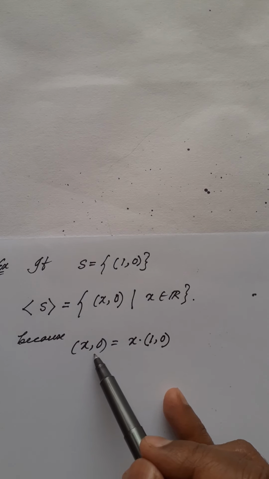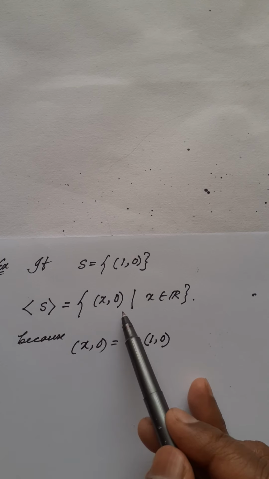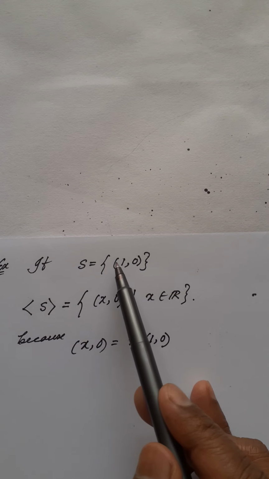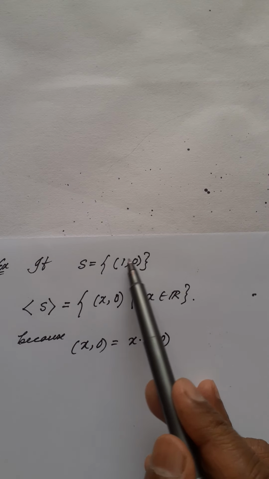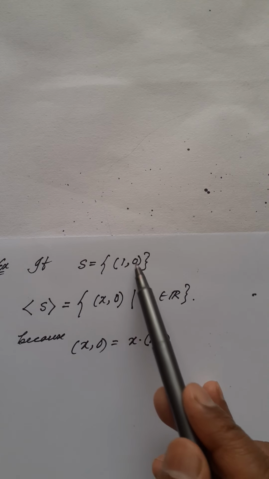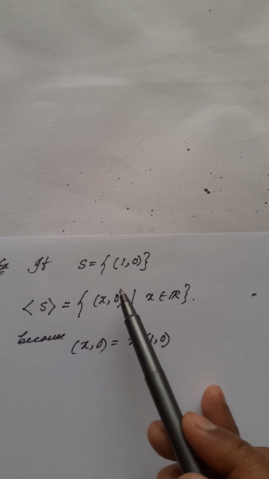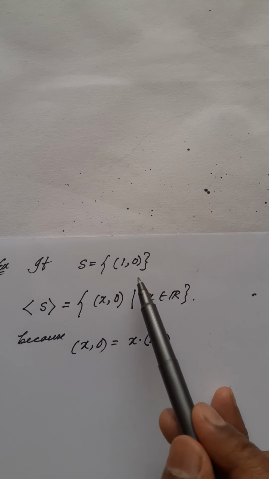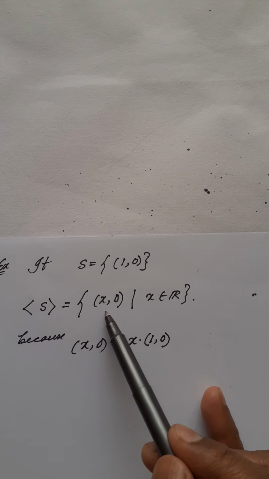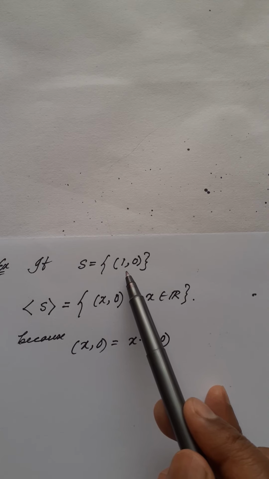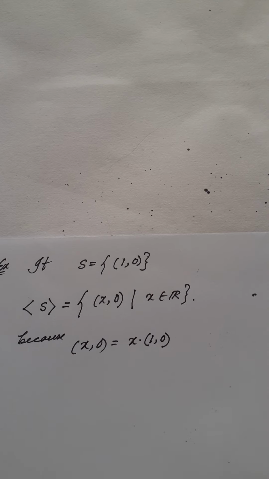So this is a member of the span. One geometrical interpretation: the vector (1, 0) is at distance 1 on the x-axis from the origin. Any multiple of this gives a vector on the x-axis itself. So the span of this single vector is actually the whole x-axis.